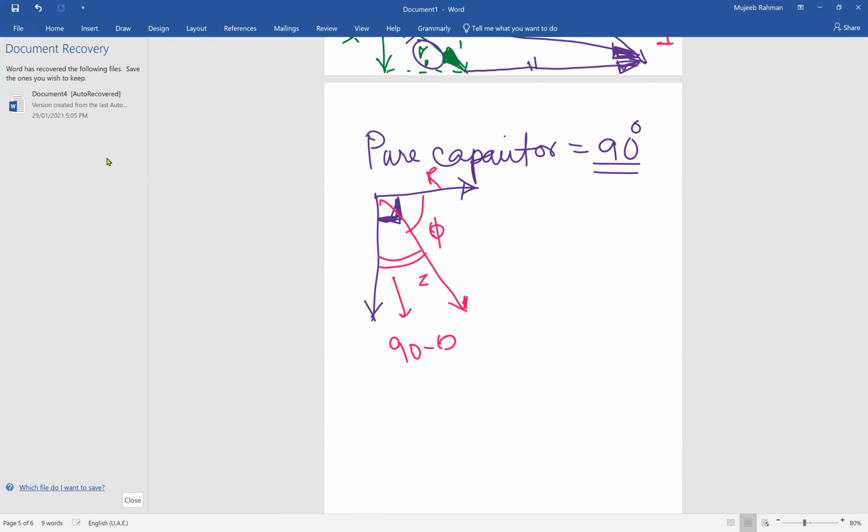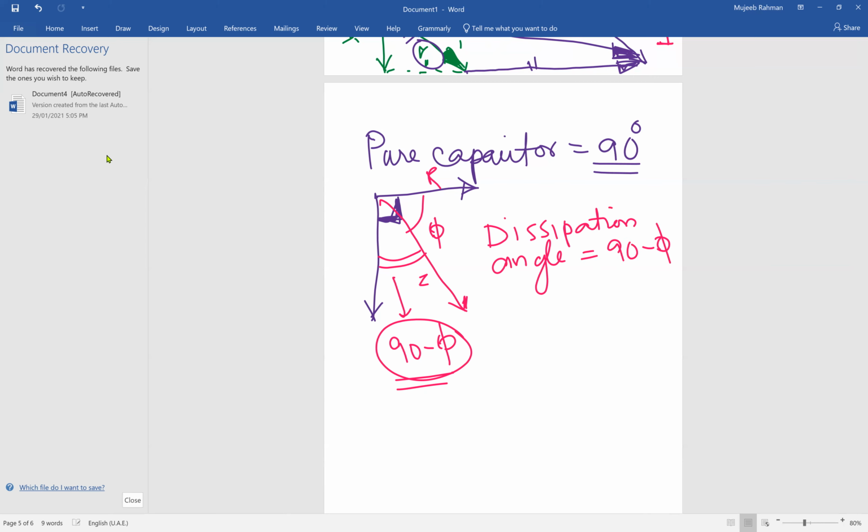This 90 minus phi indicates the loss or the dissipation angle, which is given by 90 minus phi.